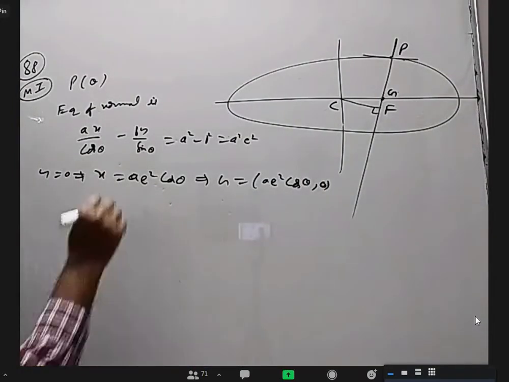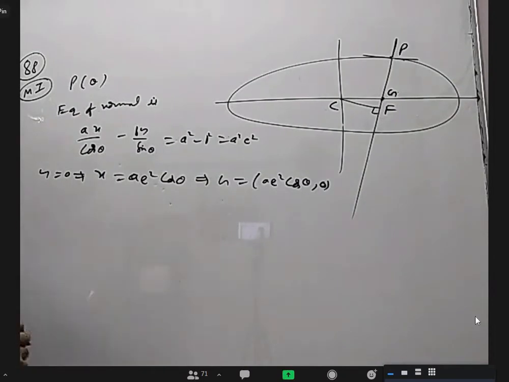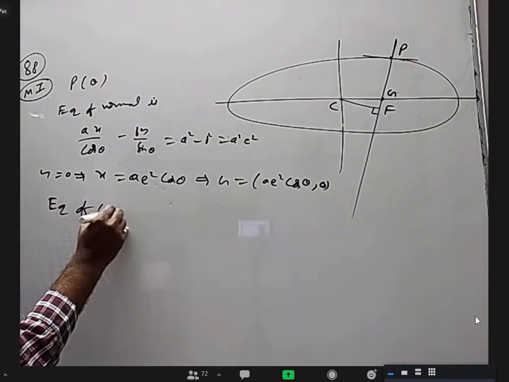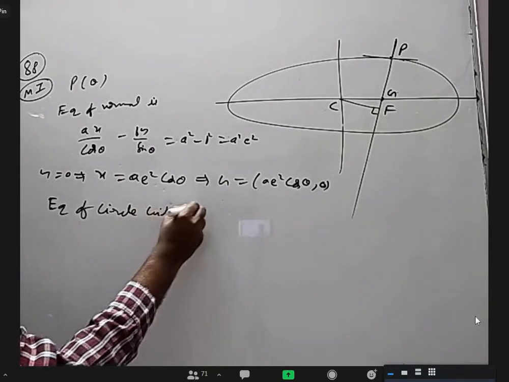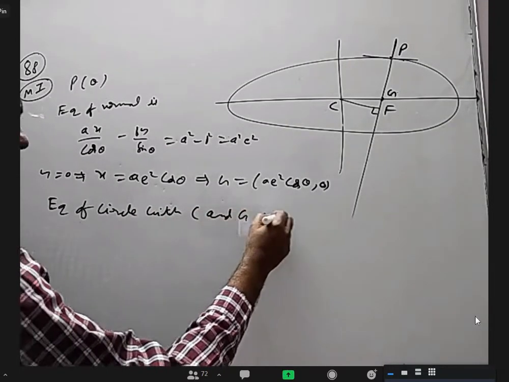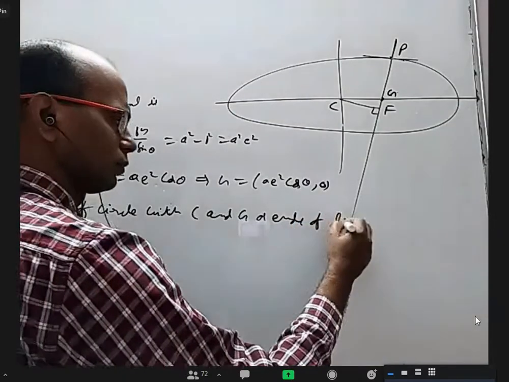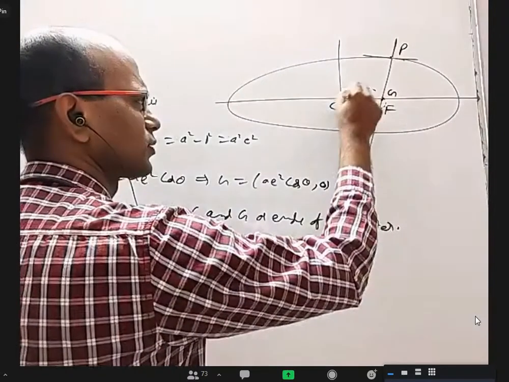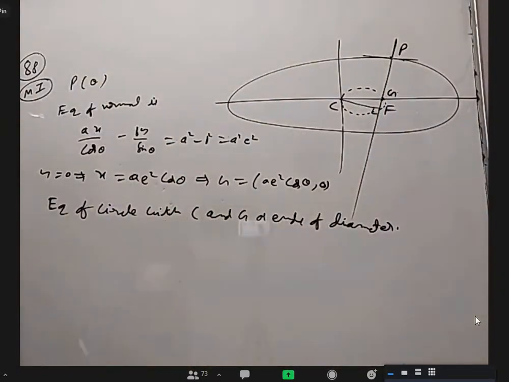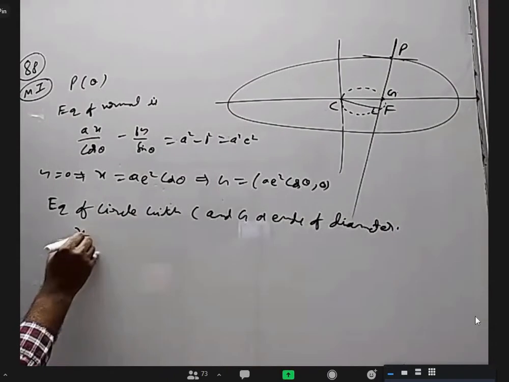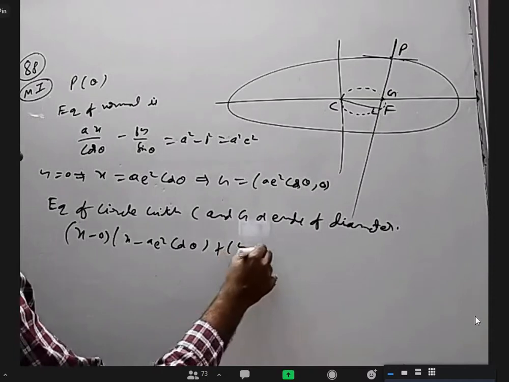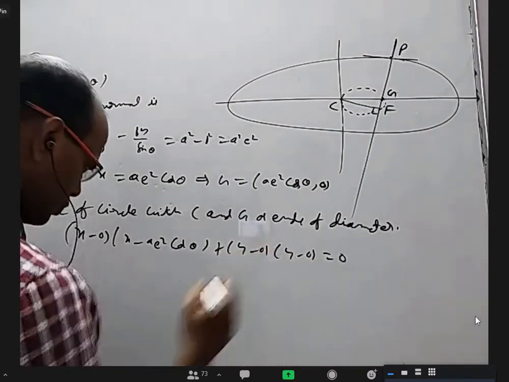Now, this is slightly different from what I'm doing. I'm not going to find PZ and PF length, but still I'll find PZ into PF. How is that? I want to find the equation of a circle with C and G as ends of diameter. What is that circle? x minus 0 into x minus a e square cos theta plus y minus 0 into y minus 0 equal to 0.